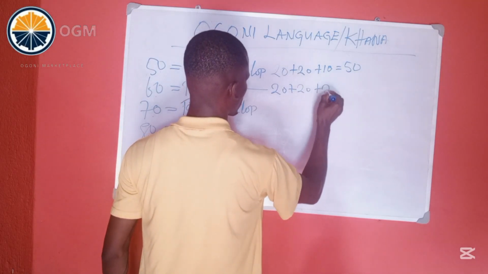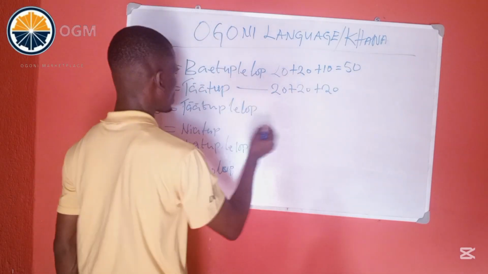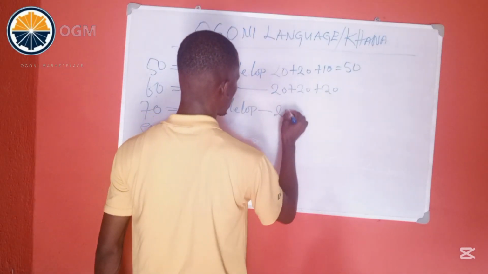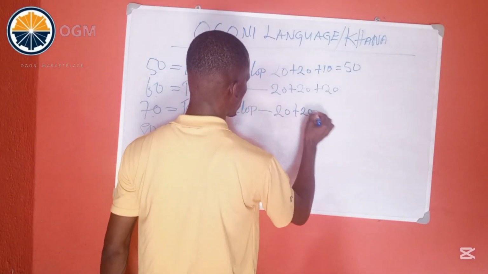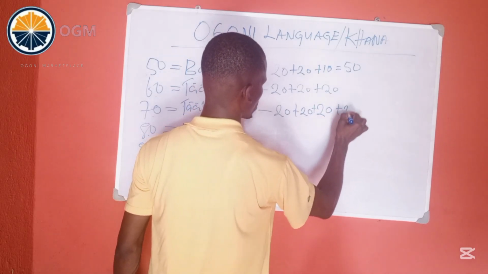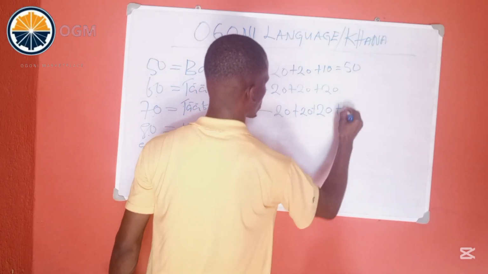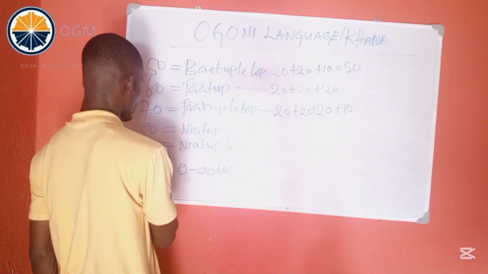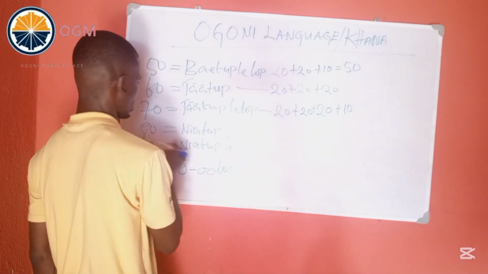Here you do 20 plus 20 plus another 20, which will give you 60. Likewise here, 70 will give you 20 plus 20 plus 20 plus 10, equal to 70. Here is 80, so it is 4 in number, 4 twenties.